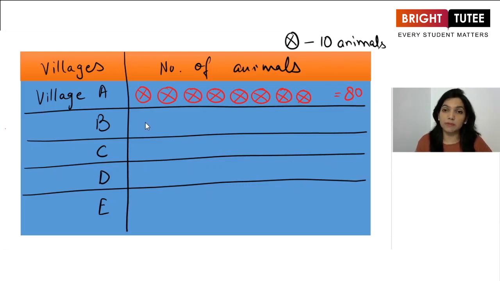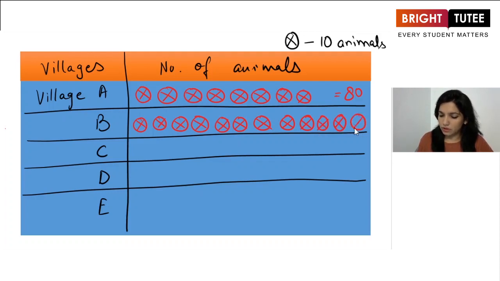So 120 means 12 such symbols will give you the answer. So it's 3, 4, 5, 6, 7, 8, 9, 10, 11, 12. Okay, so all these symbols that you see, each one of them represents 10 animals. So this gives a total of 120 animals.